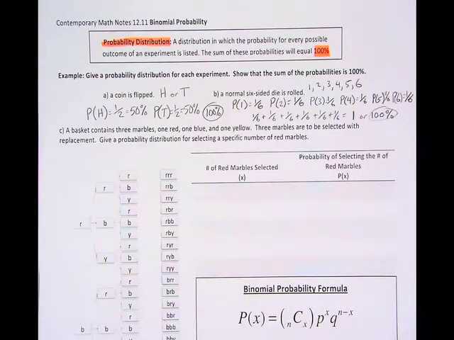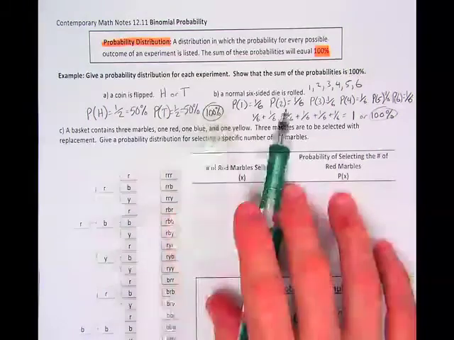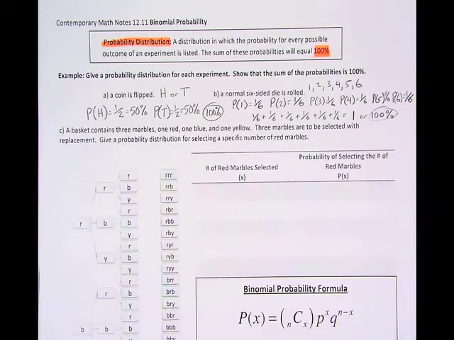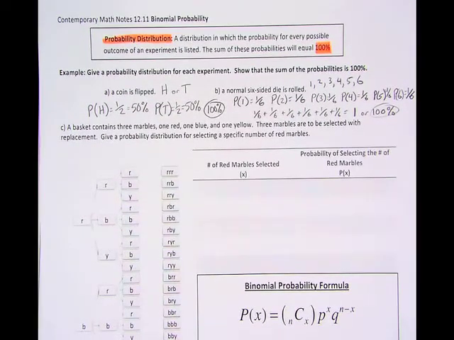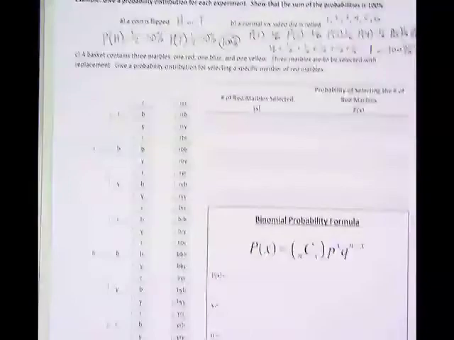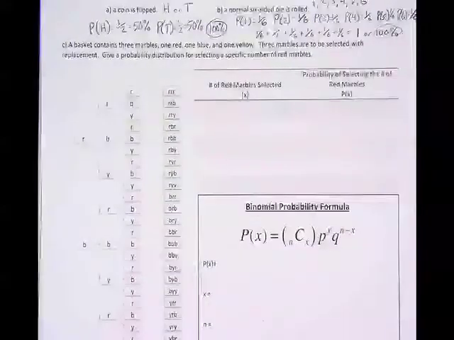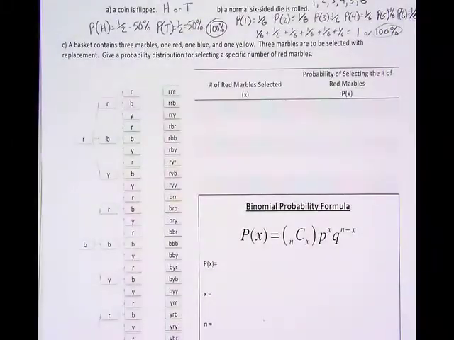These were just a single experiment, a single event. Now we're going to try multiple events. Our next example says a basket contains 3 marbles, 1 red, 1 blue, and 1 yellow. 3 marbles are to be selected with replacement. Give a probability distribution for selecting a specific number of red marbles.